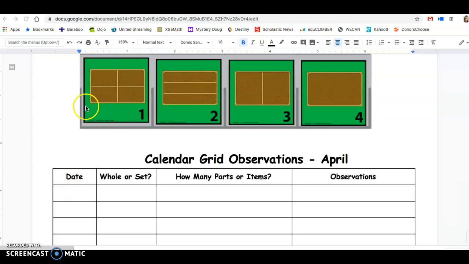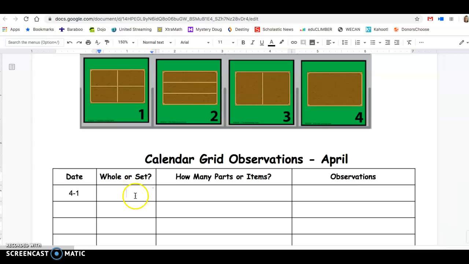So if you look at this first calendar card, number 1, the date on that card was 4-1, April 1st. And you'll notice that some of the markers, like the ones in this first set that I pulled for you, are whole things divided into parts.